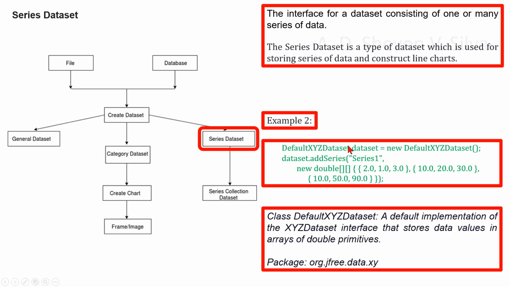As an example 2, we can consider this code segment. Here the class DefaultXYZDataset, the default implementation of the XYZDataset interface that stores data values in arrays of double primitives.